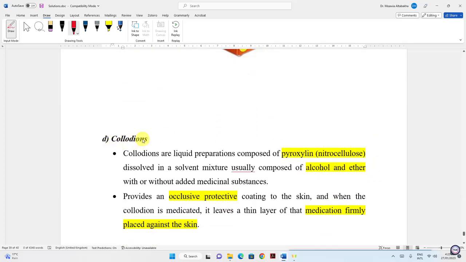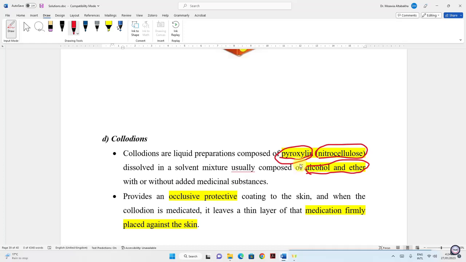Collodions are a special type of preparation. Usually it's a little viscous, applied onto the skin for protection or for occlusive effect. What does it mean? It means it has a volatile vehicle of alcohol and ether, into which you are dissolving pyroxylene, or what we call nitrocellulose. You are dissolving this polymer in this volatile vehicle and then applying it to the skin.